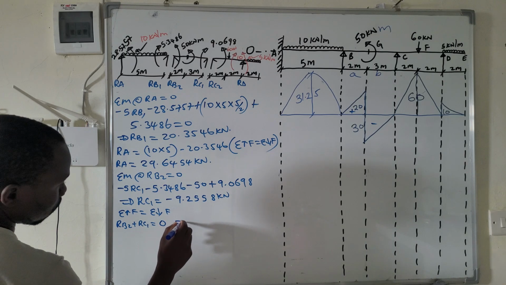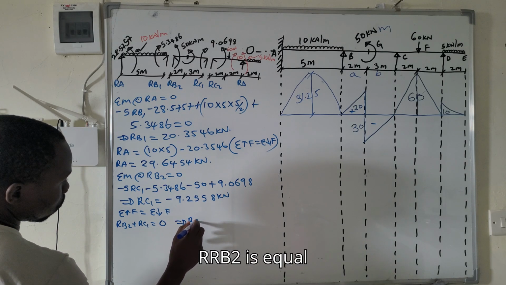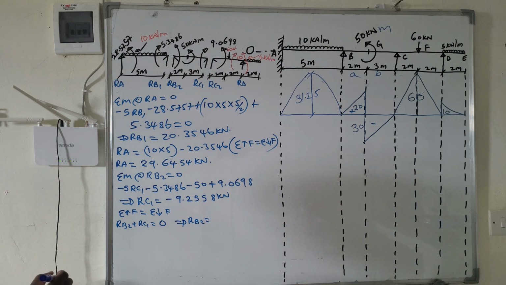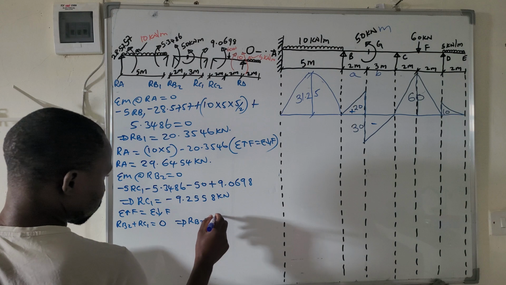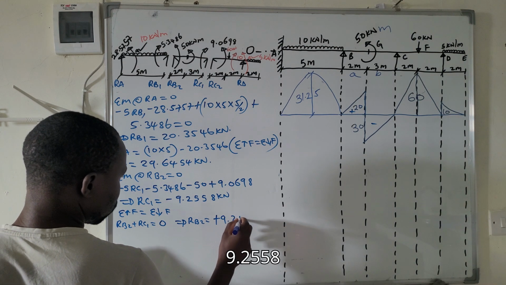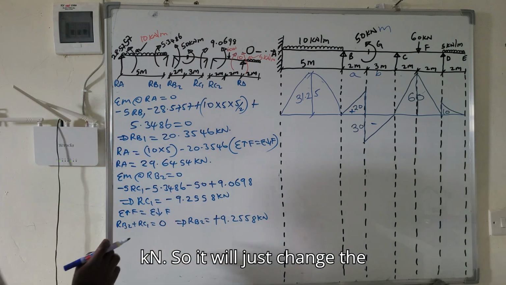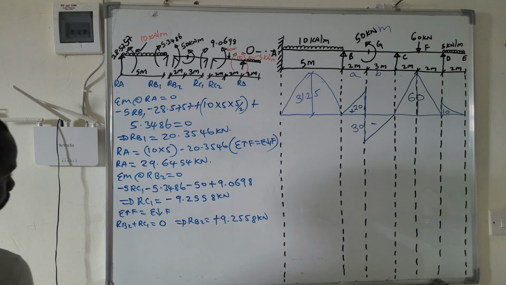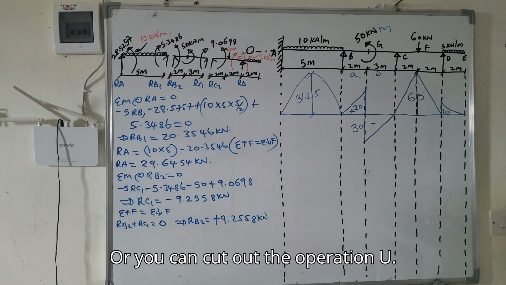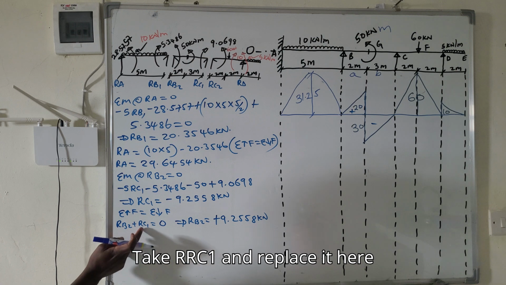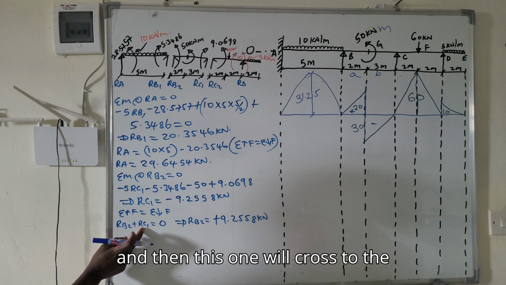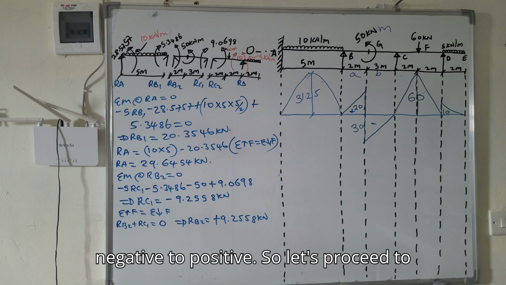So this implies RB2 is equal to positive 9.2558 kilonewton. It will just change the sign from negative to positive, or you can carry out the operation: you take RC1 and replace it here, and then this one will cross to the other side and change sign from negative to positive.